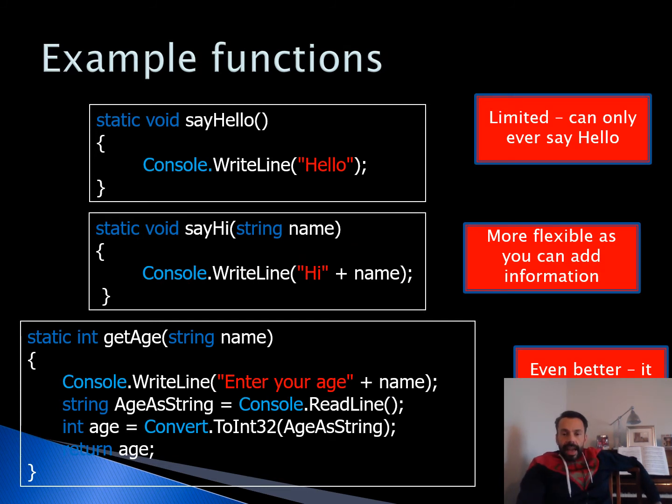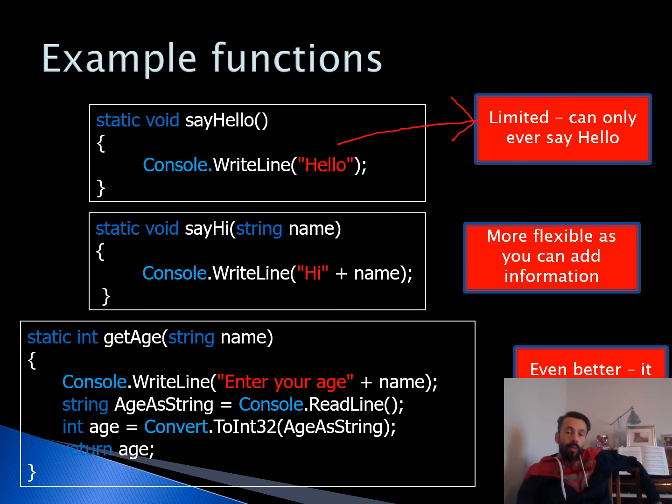Right, these are my examples of functions, which I think are far, far better. So here we go, we've got some example functions here. You get a static void function, which simply says hello. Now you can call that at any point, and it's hello, hello, hello. But it's very, very limited, and it can only ever say hello, and that's it. That's the reusability factor.